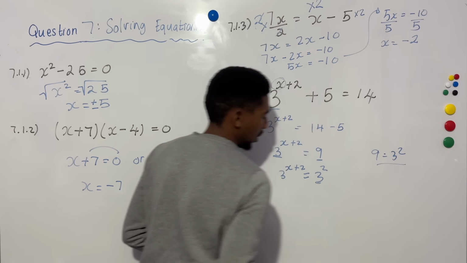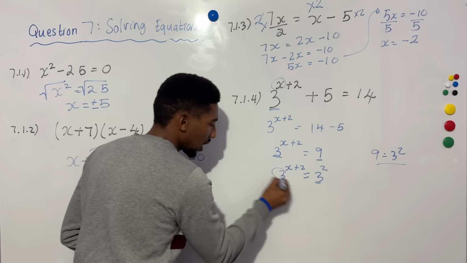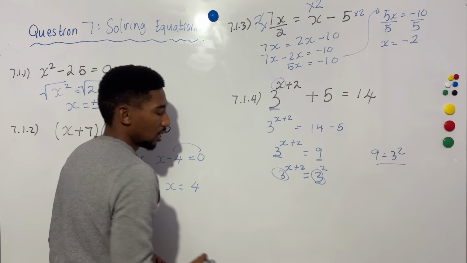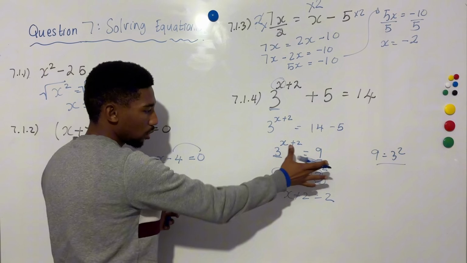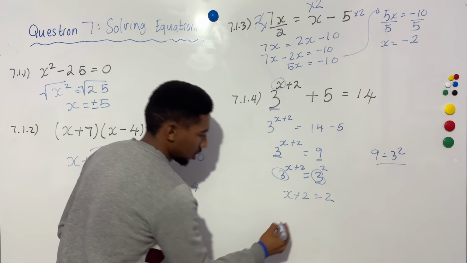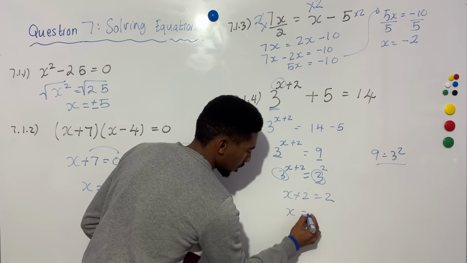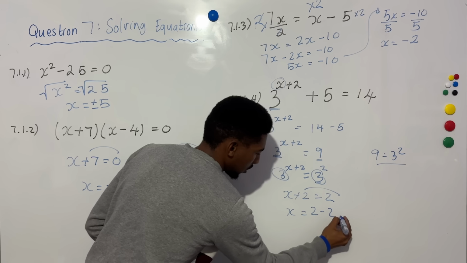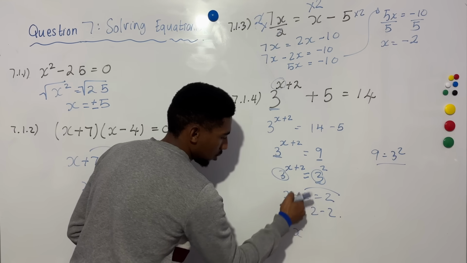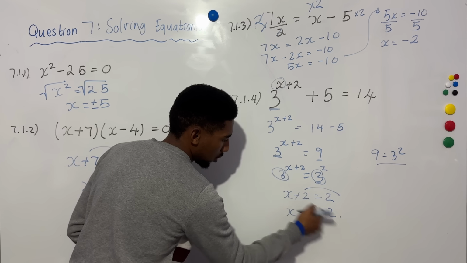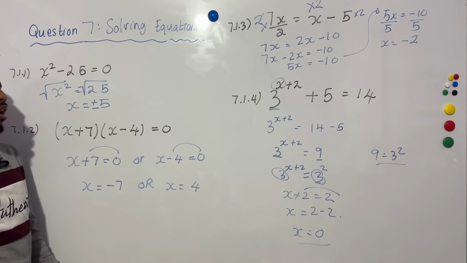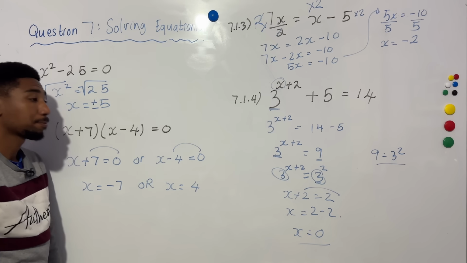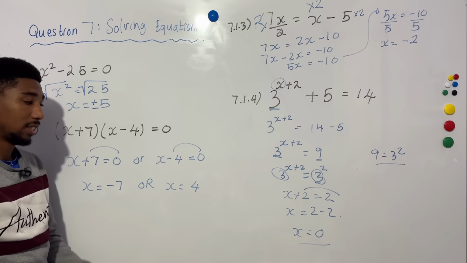Just to note that out there. Once I have now equal bases, I can say x plus 2 equals to 2. I can then equal my exponents. So then I can solve for this. Take the 2 over, it becomes minus 2. That 2 is now minus 2 there. And that's it.